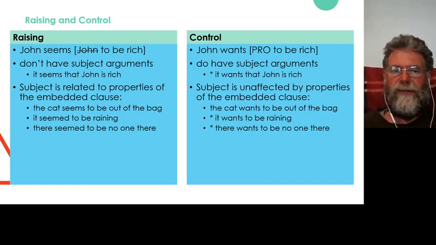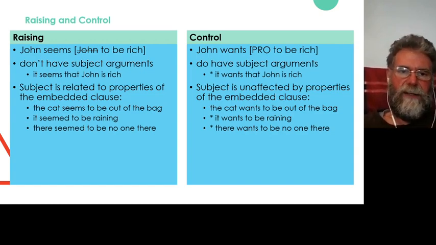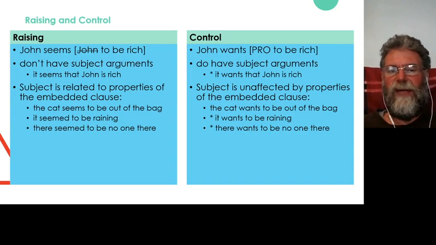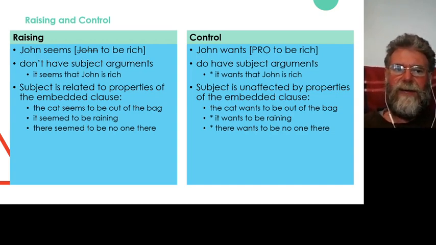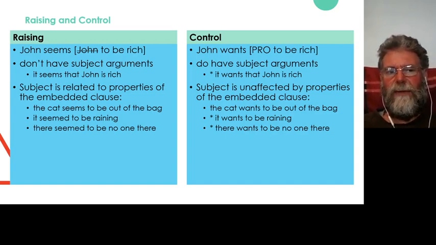That is, what we've got is one of these weather verbs like rain and snow and other kinds of verbs like that that take these it subjects, so it is raining. So again, the it subject there is nothing to do with the seem, but is controlled and licensed by the verb of the lower clause, rain.